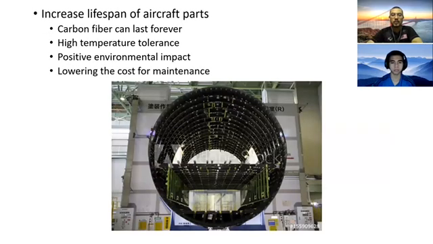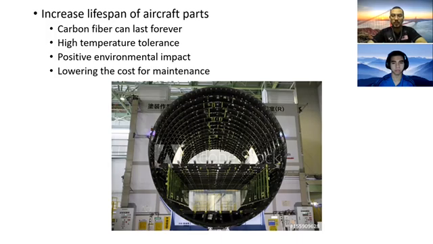It can also help increase the lifespan of aircraft parts because it can last very long. Carbon fiber can last forever, and it has a high temperature tolerance. Like Amir said just now, in the aircraft industry we deal with a lot of heat. It also has a positive environmental impact because it can be recycled and can last forever.